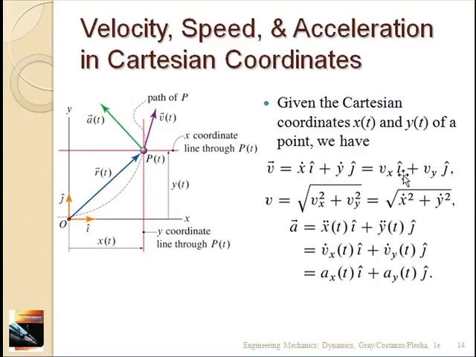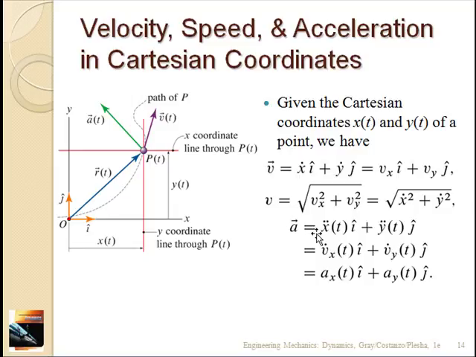So the speed is just the magnitude of this vector, the square root of the sum of the squares of the velocity components in the x and y direction. We can write those as x dot and y dot, so it's the square root of x dot squared plus y dot squared.